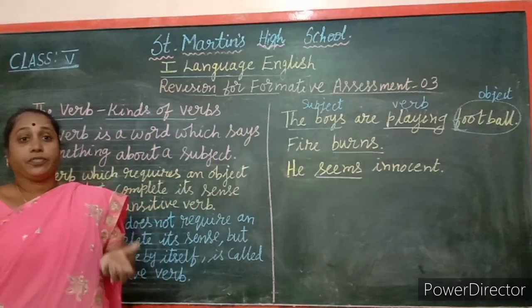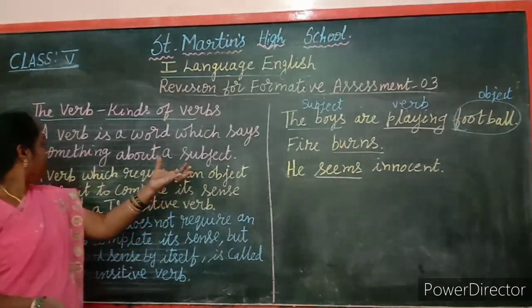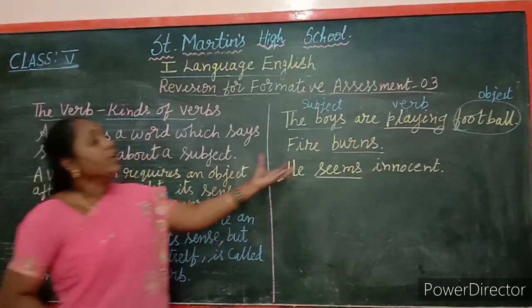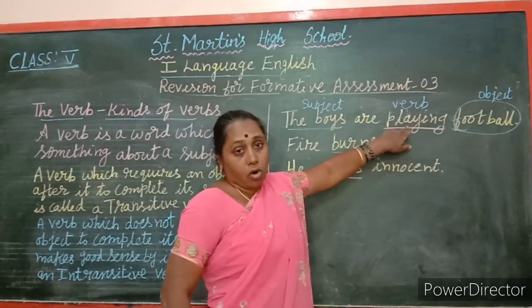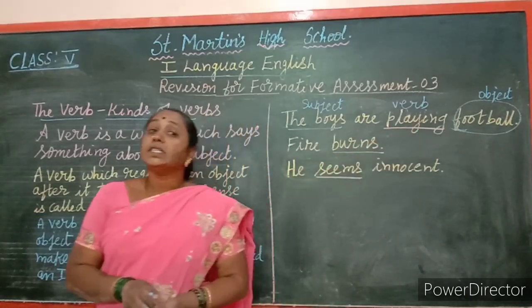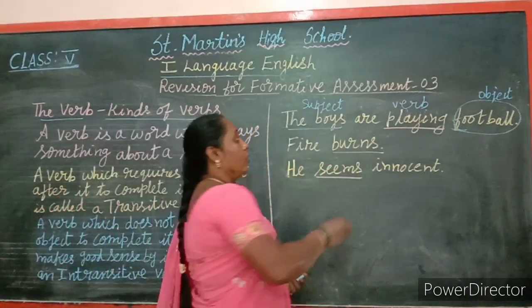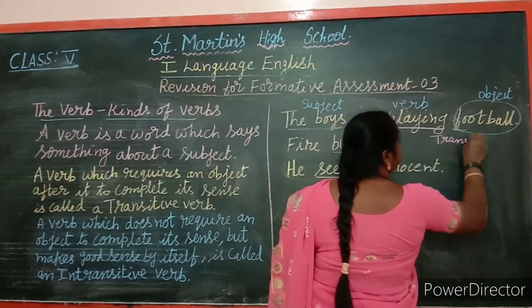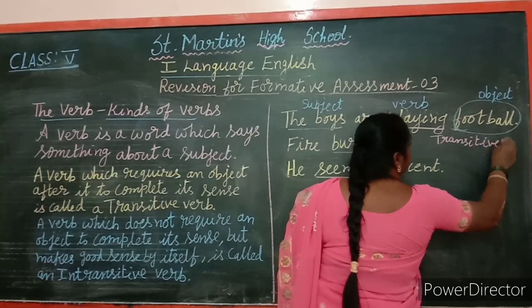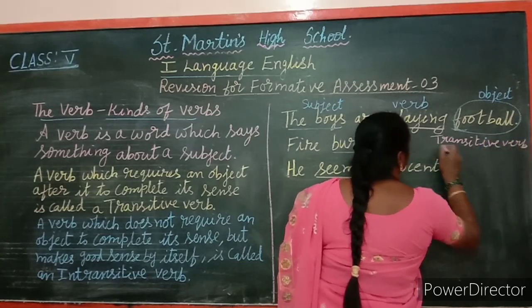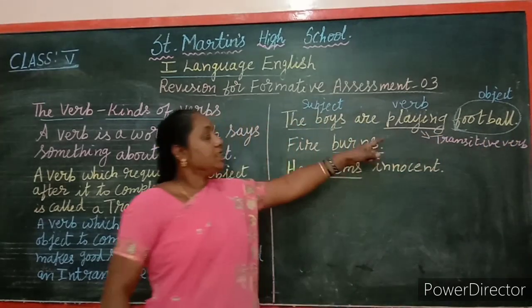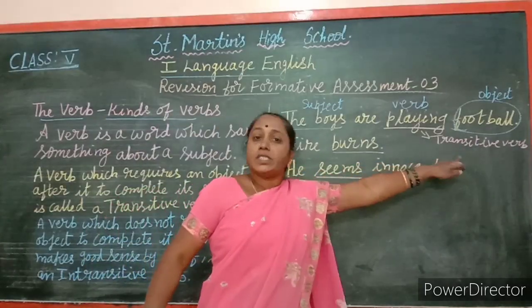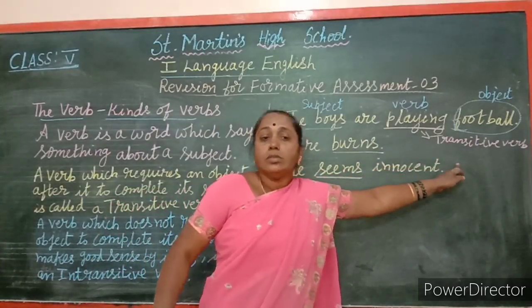Here, if a verb requires an object, then you call such verb as transitive verb. What do you call it as? Transitive verb. If a verb has an object, then you call such verb as transitive verb.